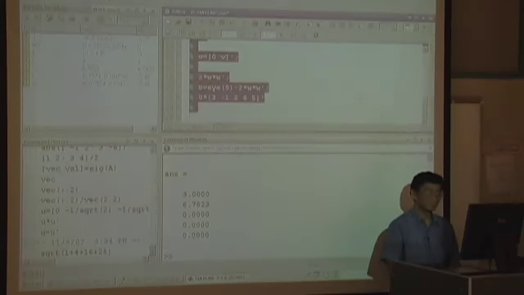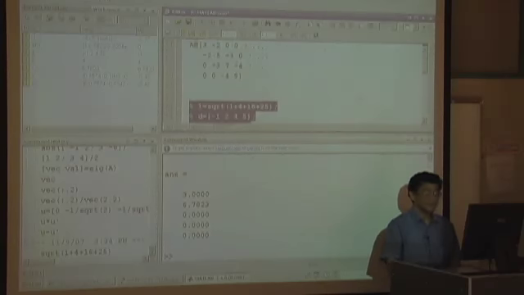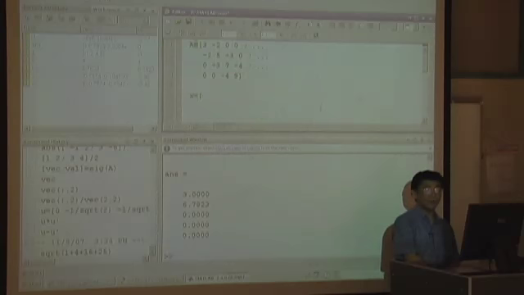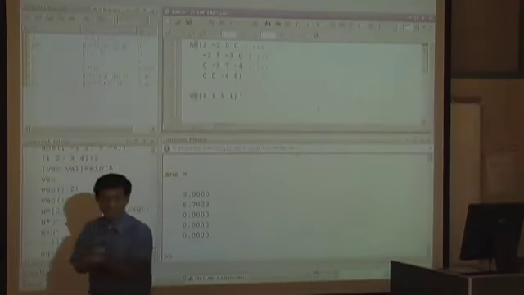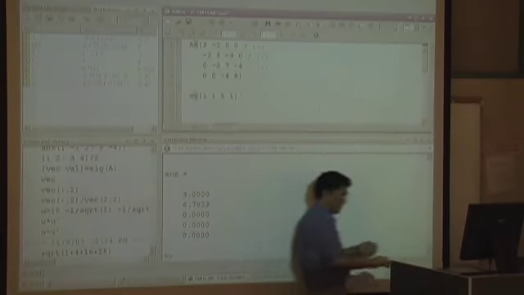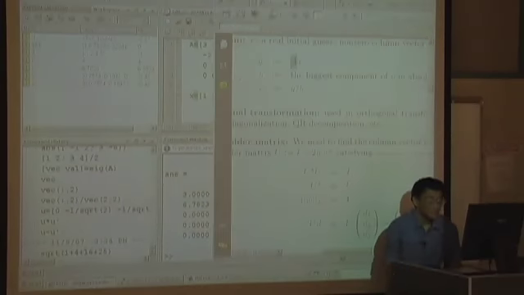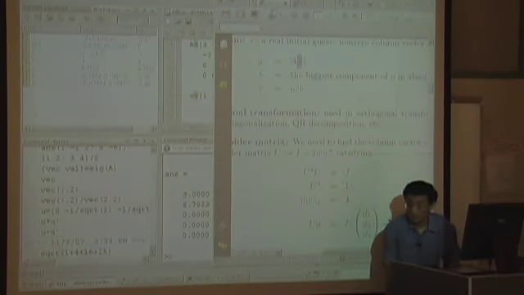So A is done. Now X is what? 1, 1, 1, 1 column vector, right? So I defined A, and then I defined X. As you can see, A is given. Now X is initialized. I used 1, 1, 1, 1, right?